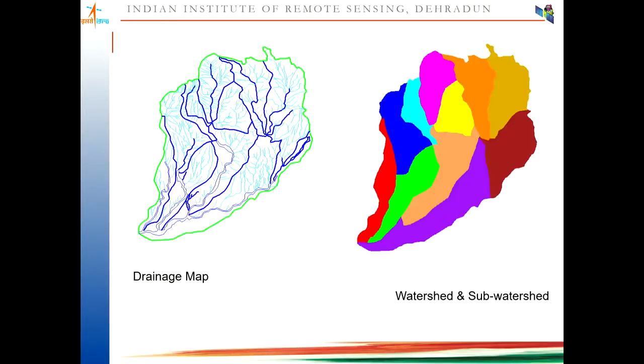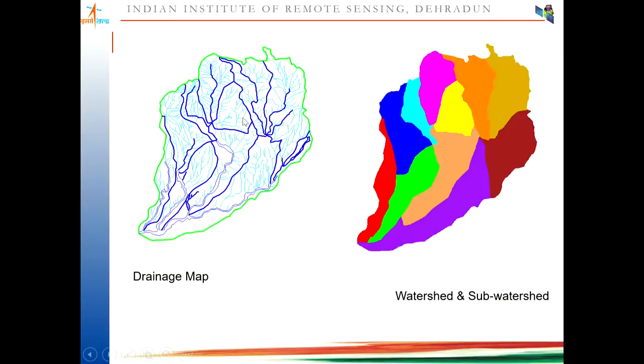Yesterday I was showing you how to delineate the watershed map. For delineation of the watershed map, or for analyzing the terrain parameters, you need a drainage map. In the drainage map there are first order drains, second order drains, third order drains.